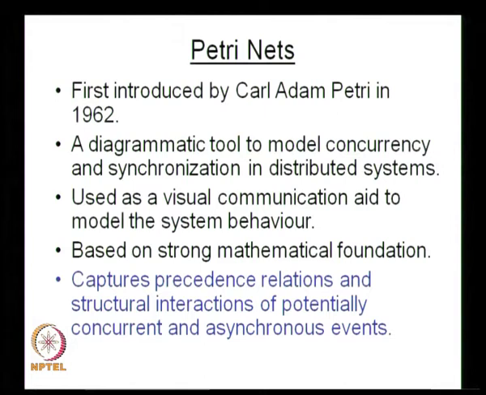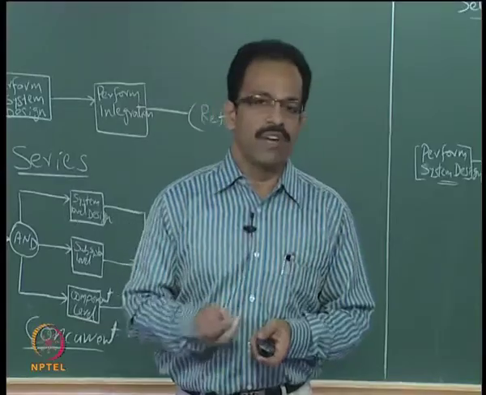Which function should precede or succeed a particular process. So the Petri Net captures that precedence relationship, and the structural interactions of potentially concurrent and asynchronous events. There may be asynchronous events, and we will be able to capture the structural interaction between these events using Petri Nets. We will see how to develop the Petri Net.